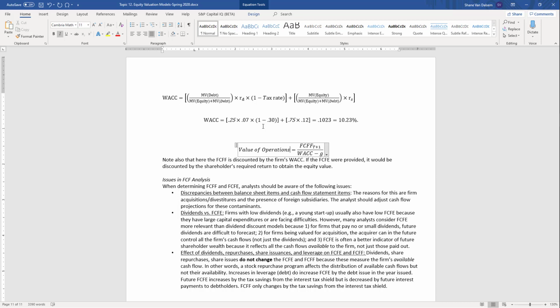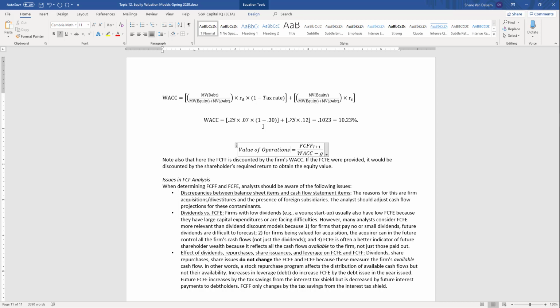However, if we're trying to determine the value of this company's stock, then what we actually want to find is the total value, and that would include the value of any marketable securities or short-term investments and any long-term investments that aren't used in the function of the company.